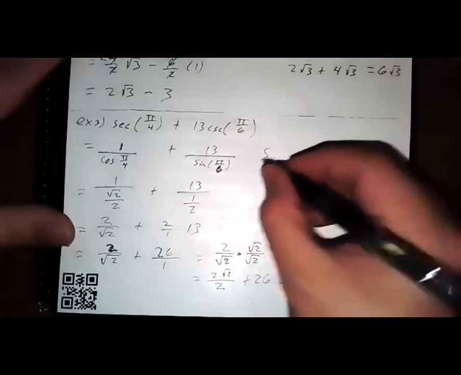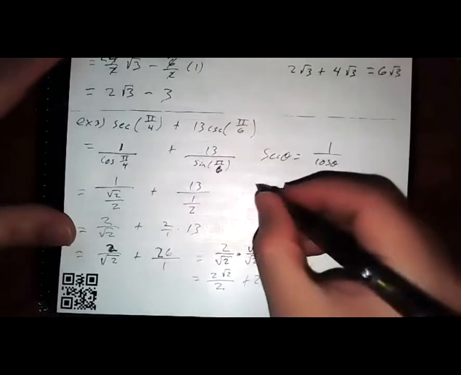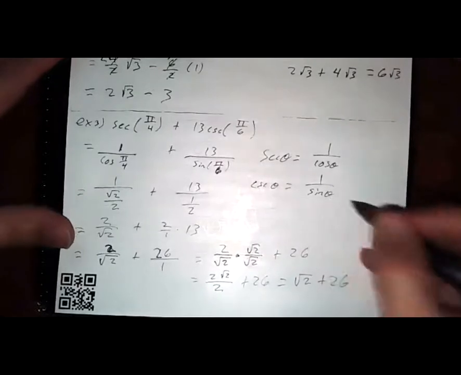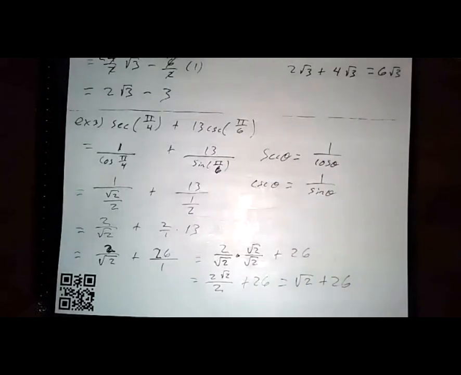Remember, don't forget that secant theta is equal to 1 over cosine. That's what we used here. Cosecant theta is equal to 1 over sine. It's a side note for how that happened. And that's just another way of writing, that's the reciprocal of cosine and that's the reciprocal of sine, or cosecant, right?